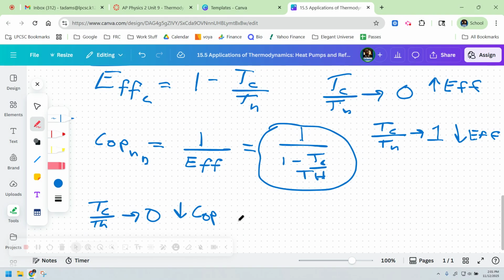But if you have a huge difference, and this approaches 1, then you would have like undefined, right? So as this approaches 1, you're going to have this decimal on the bottom, but you reciprocate it, so then you'll have a very high coefficient of performance for the heat pump.